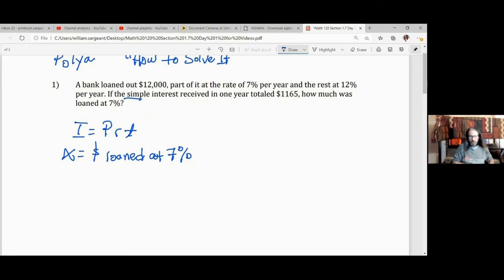You don't have to use this, but you could use a table, and we've got 7%, which as a decimal is 0.07. 12% is 0.12 as a decimal.